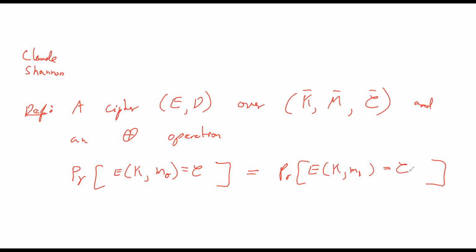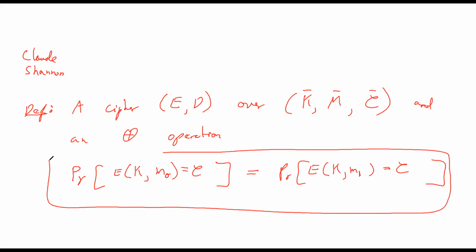That's the definition under which we can define what a secure cipher is. We had the key space, the message plaintext space, and the cipher space. Whenever we create an algorithm or a cipher, we want it to meet this condition.